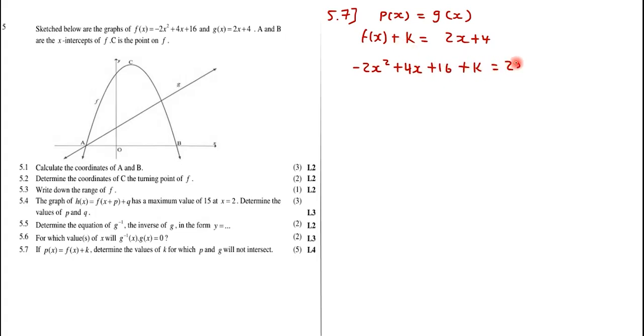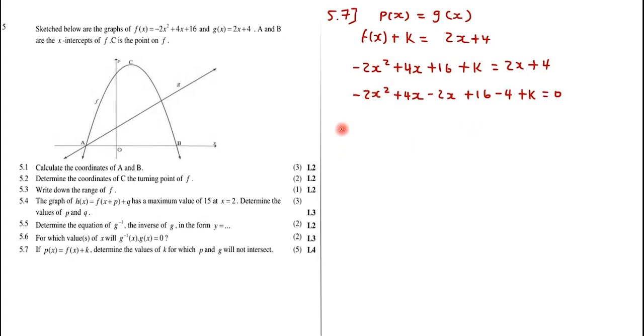Now this is 2x plus 4. So what I'm going to do here is make this standard form. I'll take this 2x across, and then I have 16. I'll take this 4 across, and then I have k equals 0, and then I will find the nature of roots for which this is non-real, because when the nature of roots are non-real, it means they do not intersect.